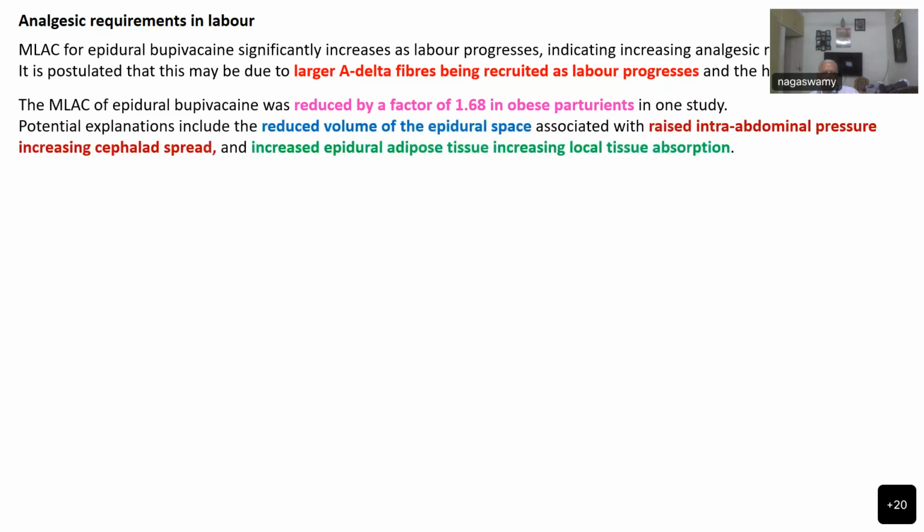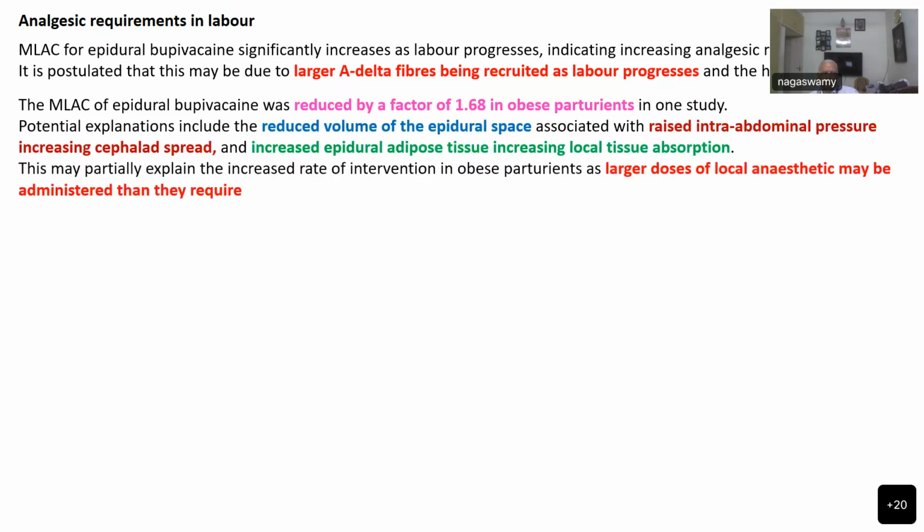Potential explanations are the reduced volume of epidural space with raised intra-abdominal pressure, increased cephalad spread, and increased epidural adipose tissue, increasing local tissue absorption. So all these are the reasons why in obese patients you can give a lesser concentration and lesser volume compared to a normally built participant.